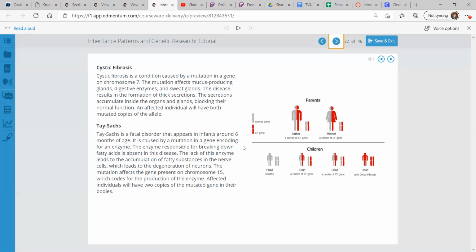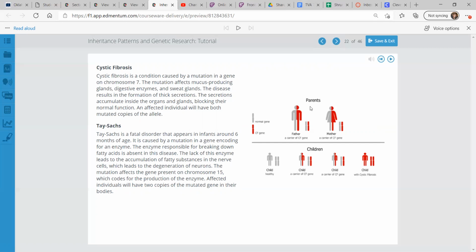The lack of this enzyme leads to the accumulation of fatty substances in the nerve cells, and that leads to the degeneration of neurons. The mutation affects the gene present on chromosome 15, which codes for the production of the enzyme. Affected individuals will have 2 copies of the mutated gene in their body.